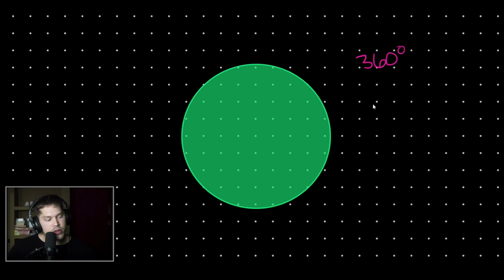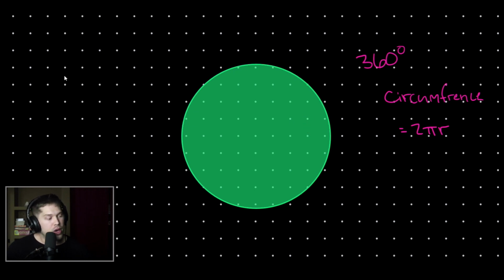Well, the distance around a circle is our circumference. And our circumference is equal to 2 times pi times our radius. Or in other words, our circumference is the total arc length if we went a total 360 degrees around our circle.